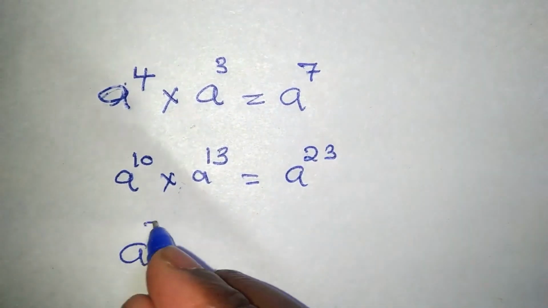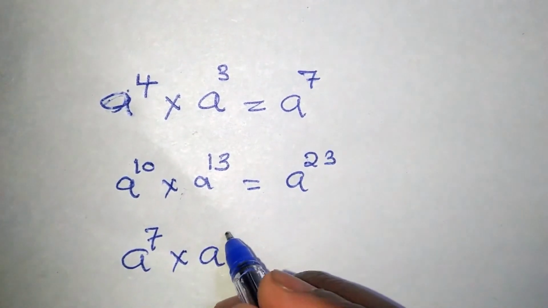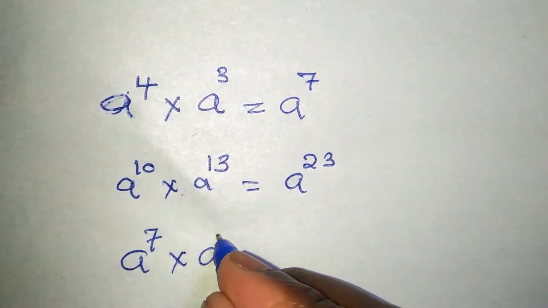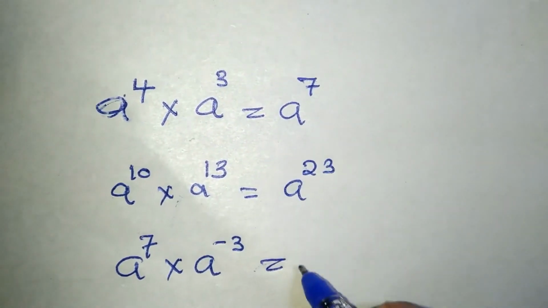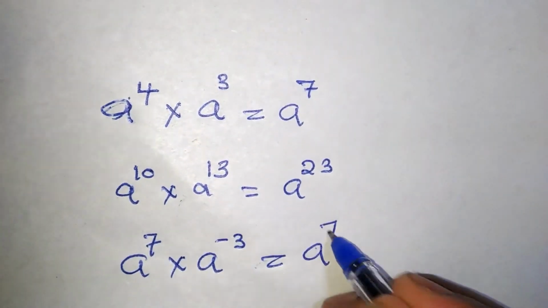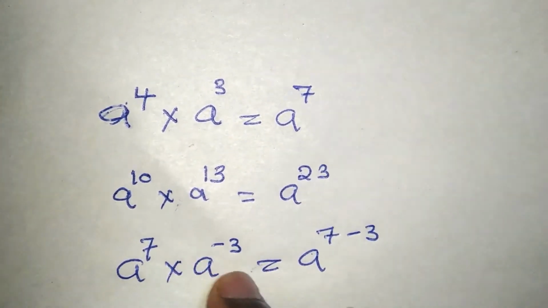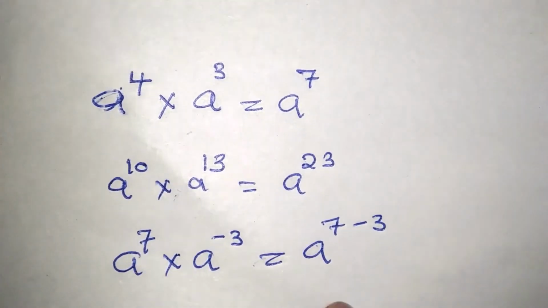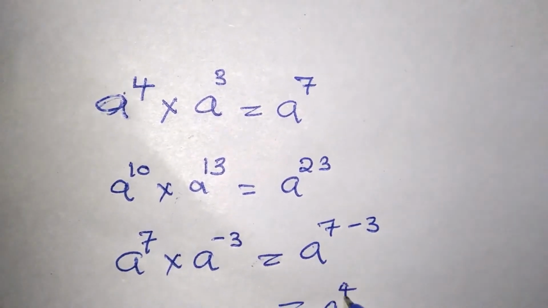A to power 7 times a to power -3. We will take a to power 7, we subtract 3, we just add -3. This is the same as subtracting 3, and that gives you a to power 4.